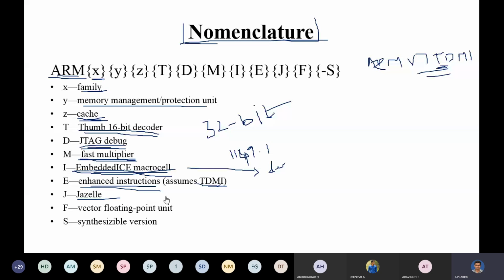Synthesizable means that the processor is supplied as source code to execute the particular unit.